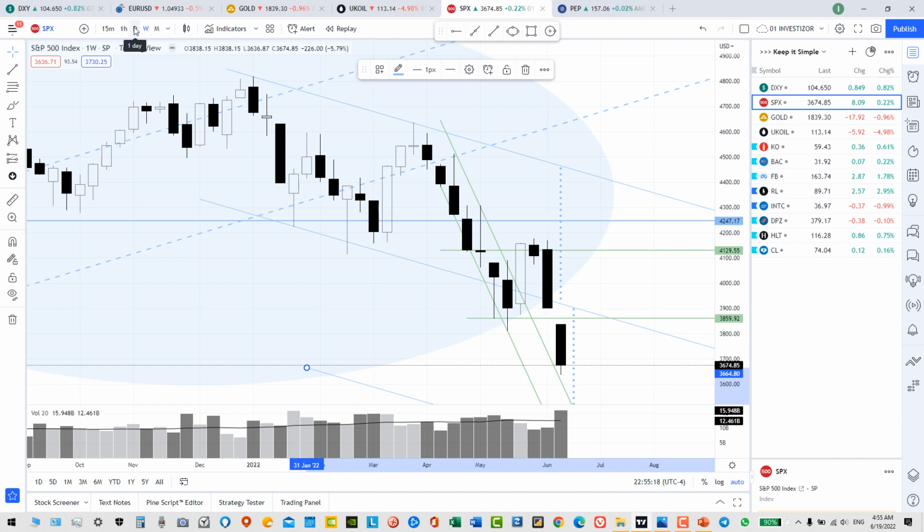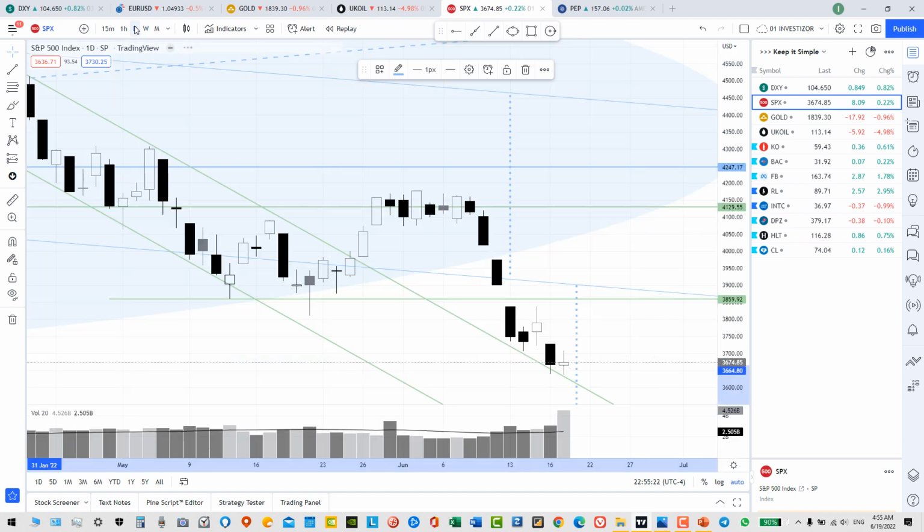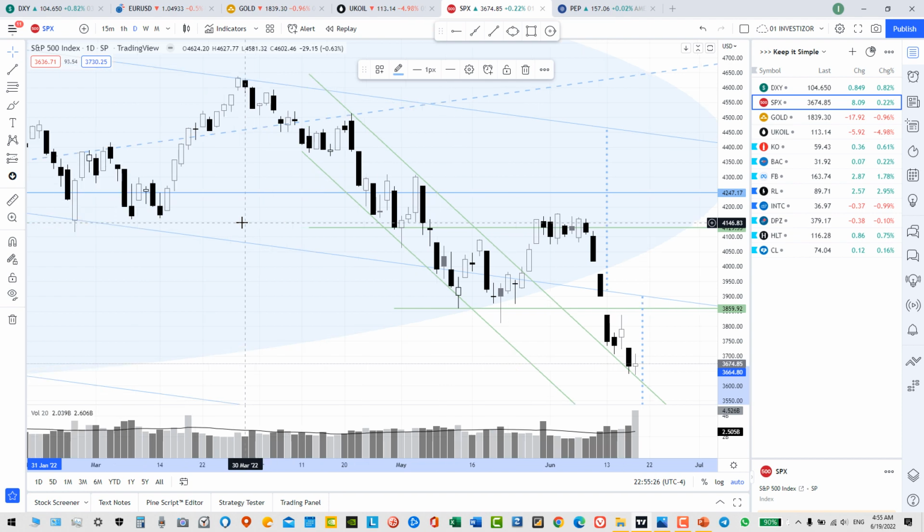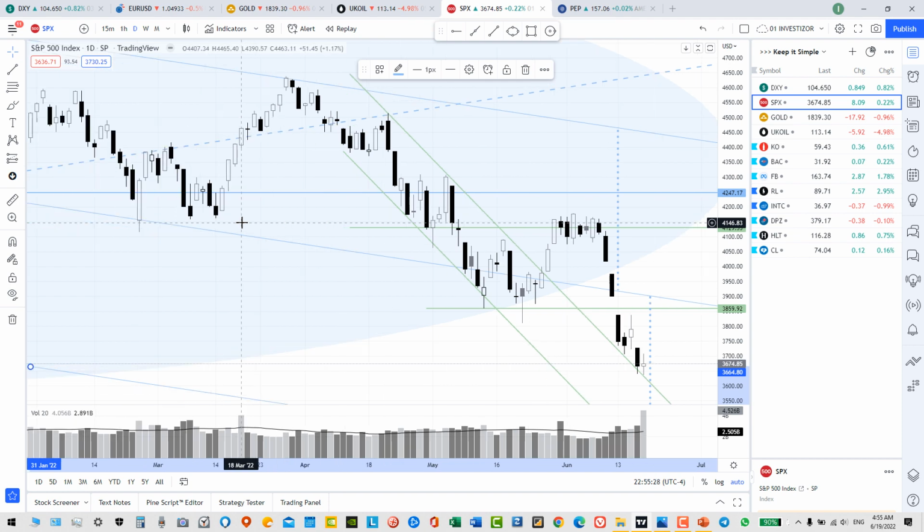Let's dig into more details over the daily chart. And here the picture is becoming much clearer.